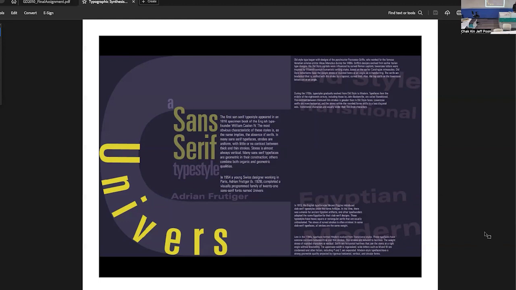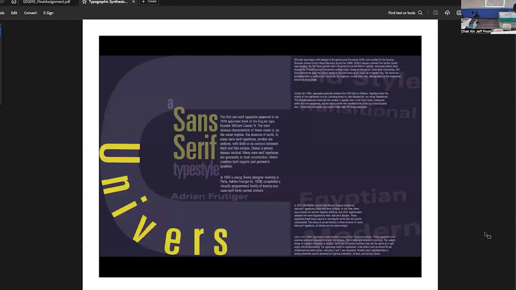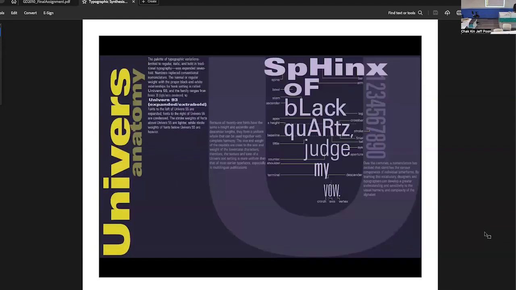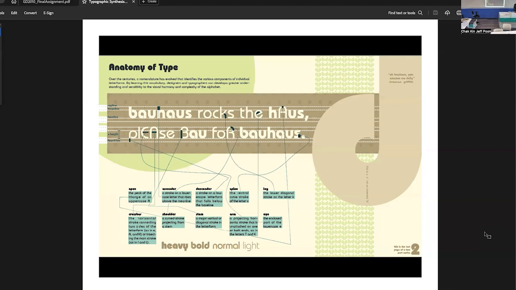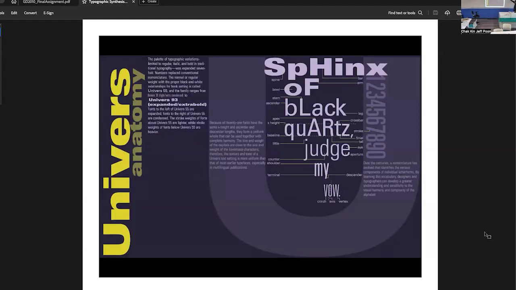Okay, there's another one, universe. One U actually goes this way. I don't know where to see it because it's a little bit too dark, I guess. Another U goes this way. One U like this, another U like this.